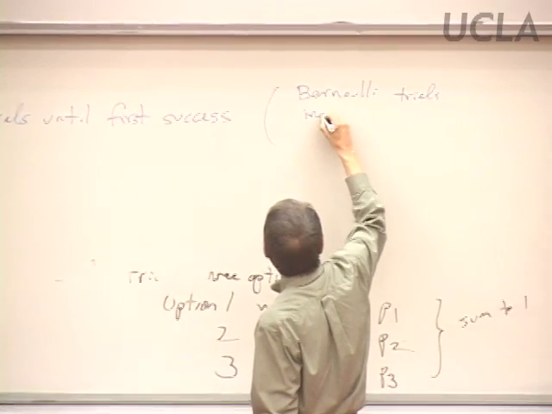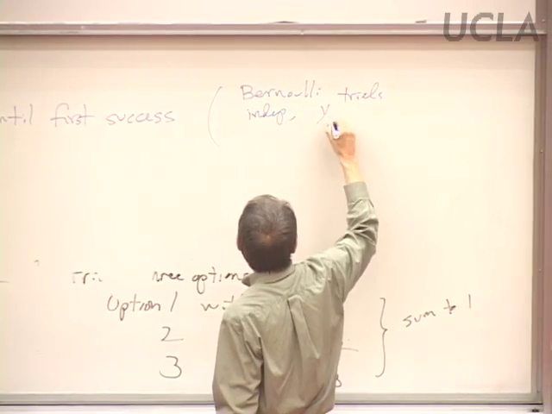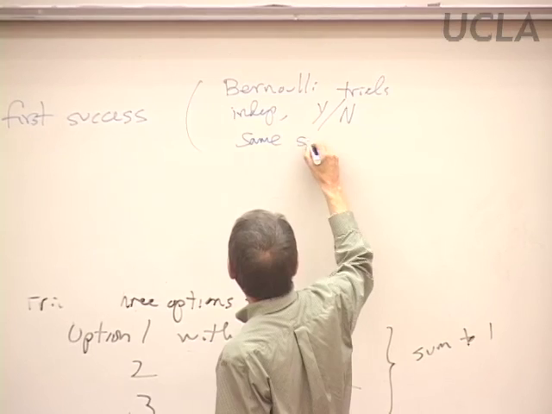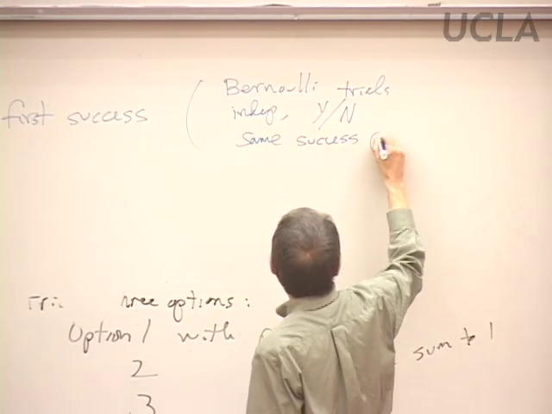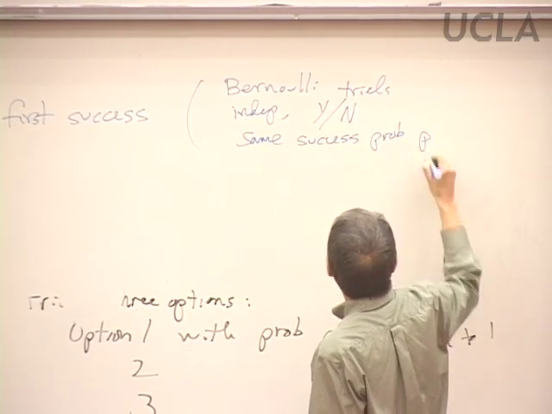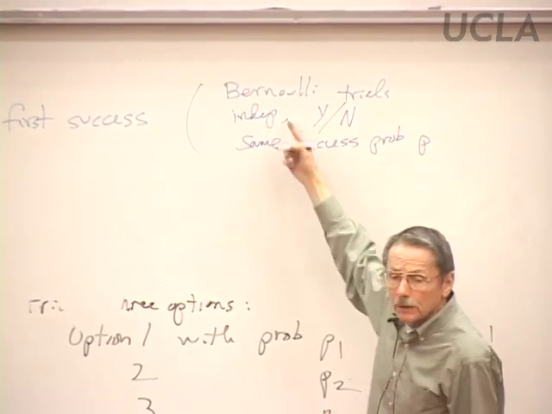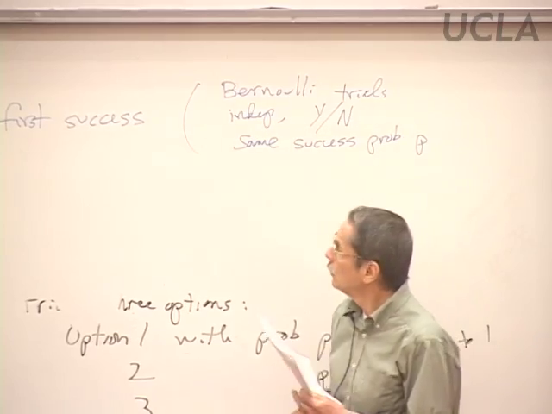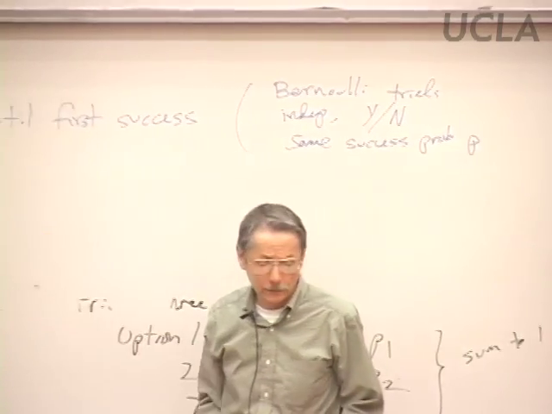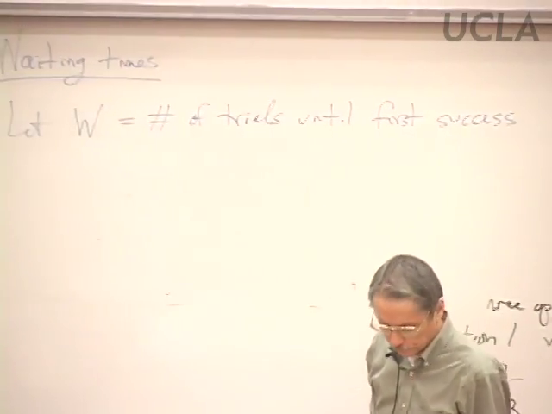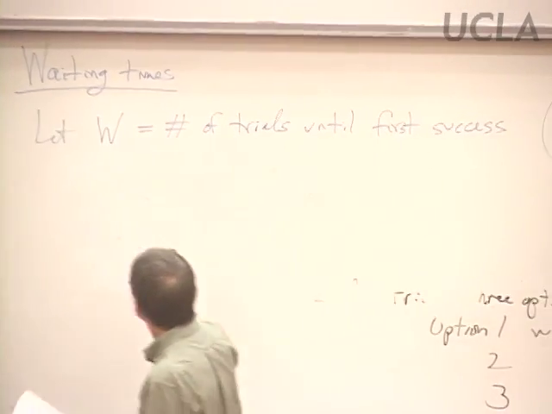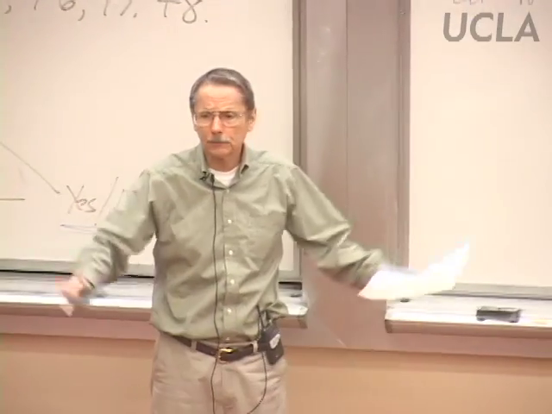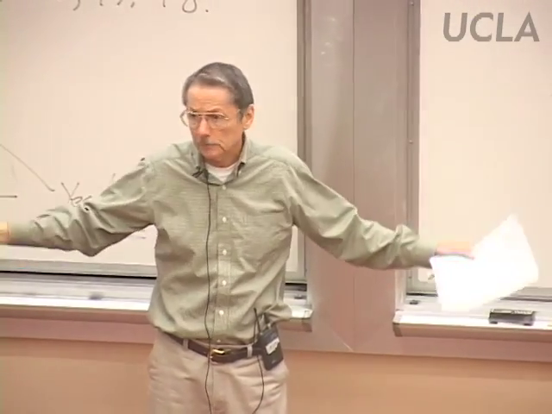So they're independent yes, no trials, each with the same success probability p. The usual setup for the binomial distribution, only now what we're counting is how many trials till we get our first success. After the first success, maybe we're going to stop.